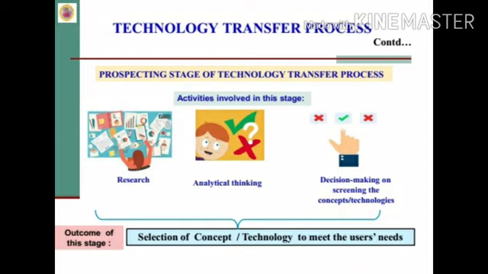So all the activities involved in this prospecting stage are with the purpose of selecting a proper technology. What I mean to say is, the outcome of this first stage of the technology transfer process is the selection of concept or technology to meet the user's needs.